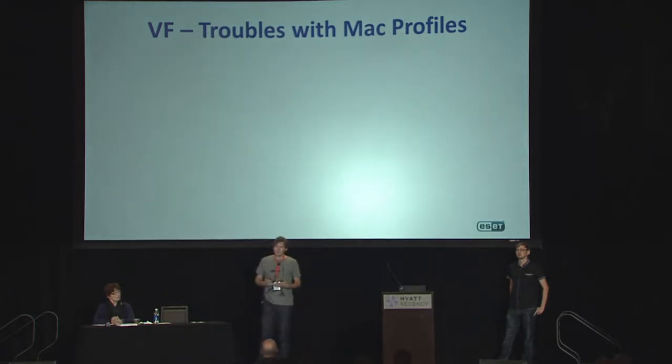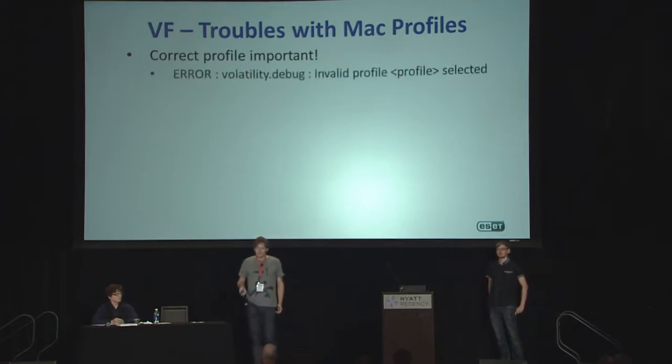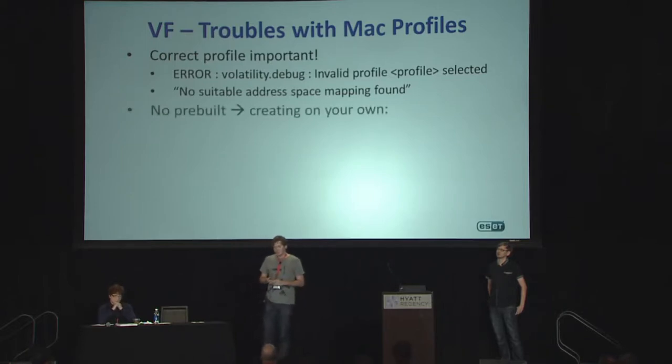Actually, we had some troubles with Mac profiles because the correct profile is of utmost importance. If you don't have the correct profile with your memory dump, you would get error strings like invalid profile selected or no suitable address space mapping found. So, if you don't have a pre-built profile, you can create it on your own.